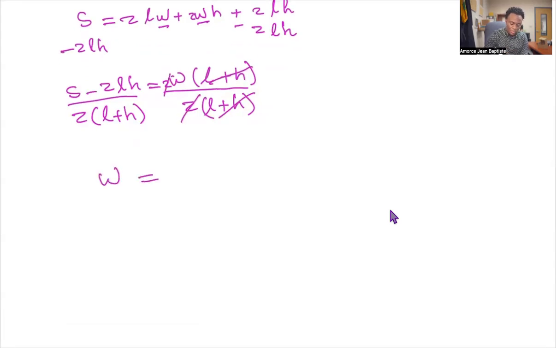W by itself equals S minus 2LH over 2L plus H in parentheses.